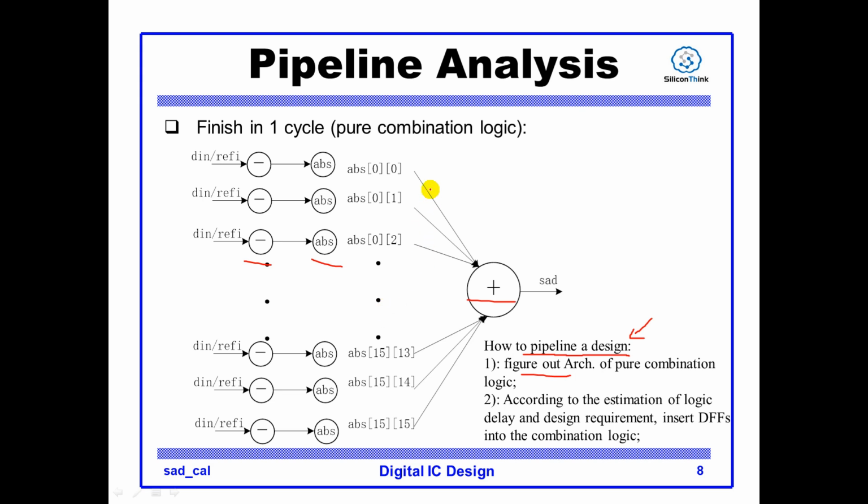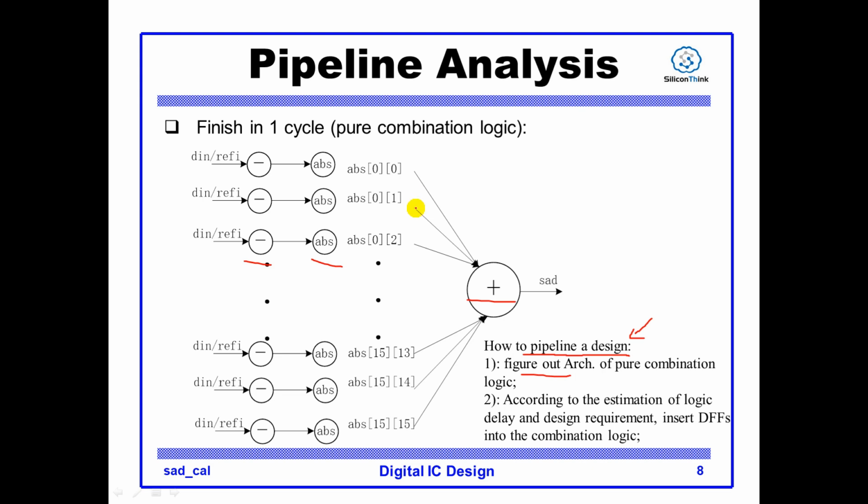That is, you have to try to divide the combination logic path into equal logic delays. Then you can maximize the clock frequency of your pipeline design.